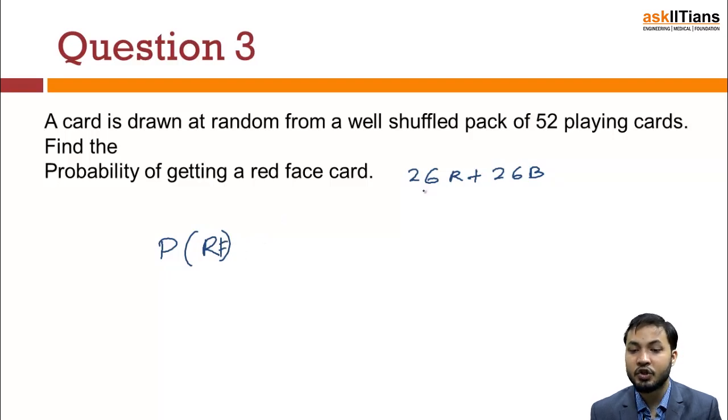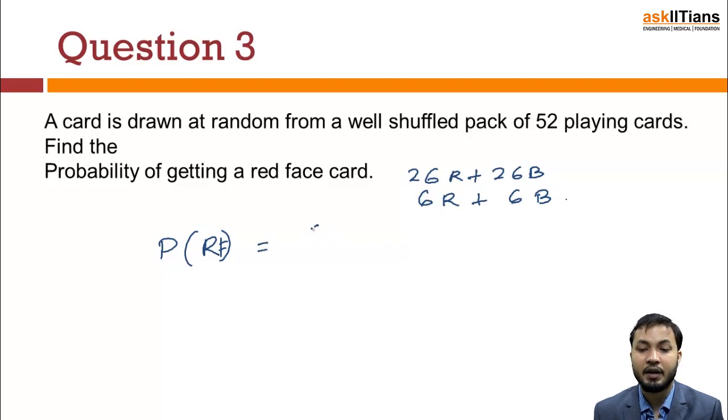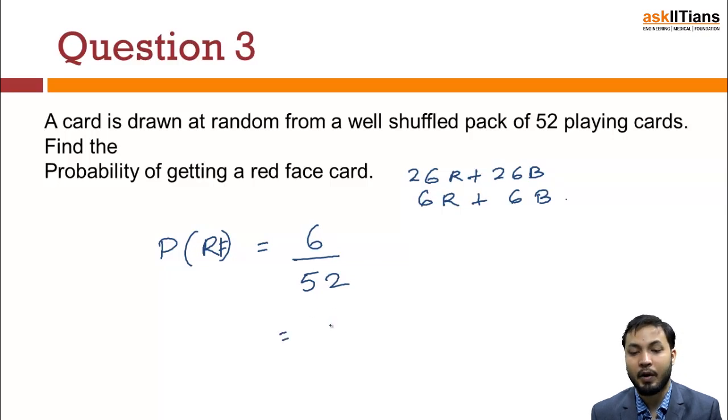Each suit has 3 face cards, so there will be 6 red face cards and 6 black face cards. So to get a red face card is 6 by 52. So this will be my probability. You can reduce it.